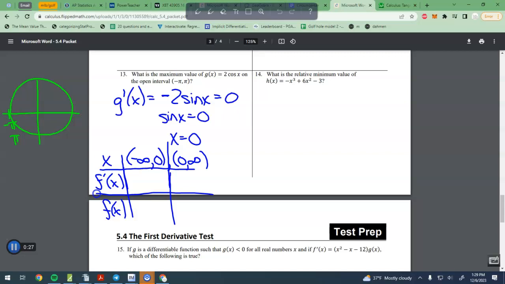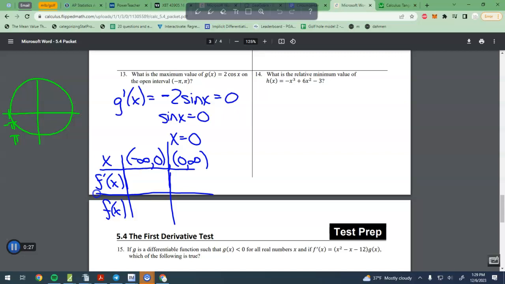The derivative or the original? If I'm looking for increasing or decreasing, that's essentially saying I'm looking for slope, isn't it? So I plug into the derivative. If I want a y value, like if you were doing the equation of a tangent line, you plug into the original. The derivative tells you slope or increasing, decreasing.